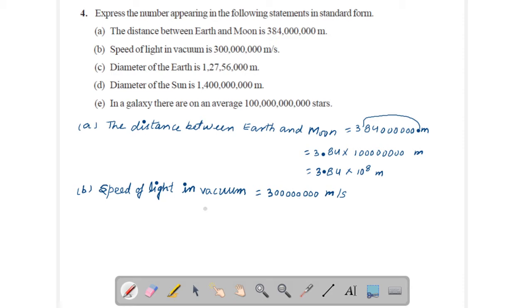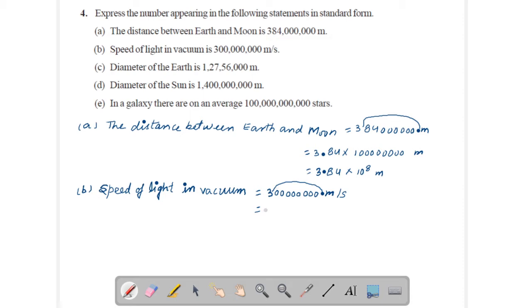Now you have to write this number in standard form. How will you write? It can be written as here. Where is decimal? It is on the right hand side. Bring it from here to here, that is after first digit.